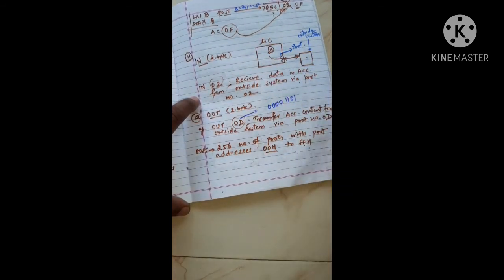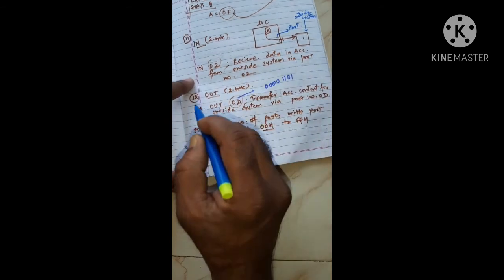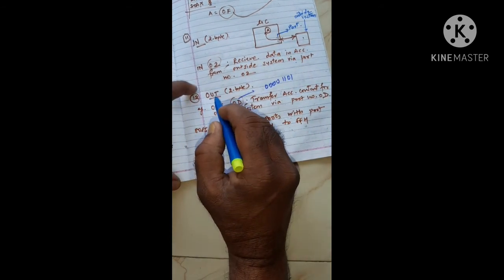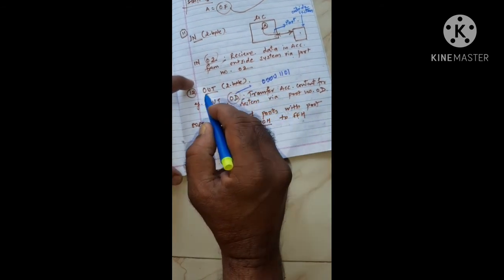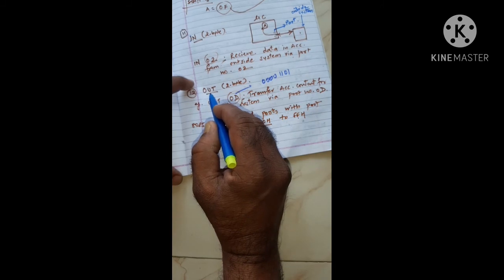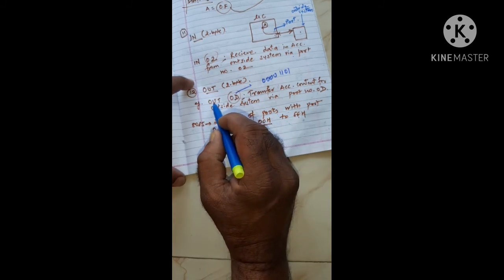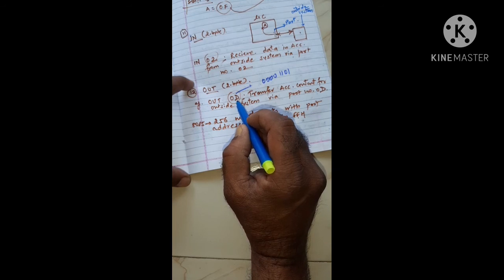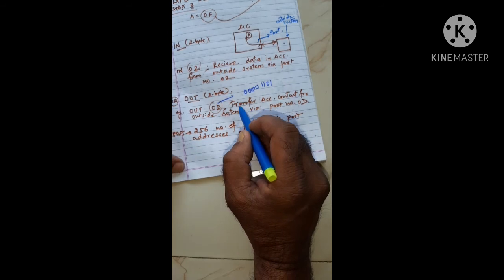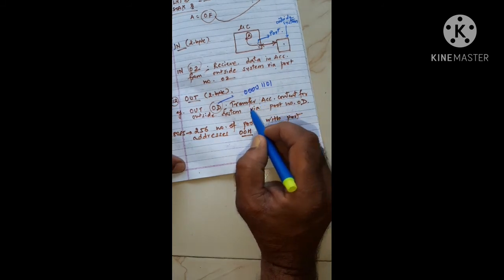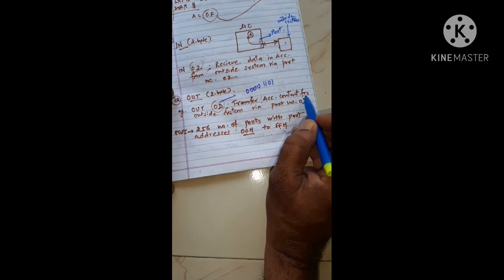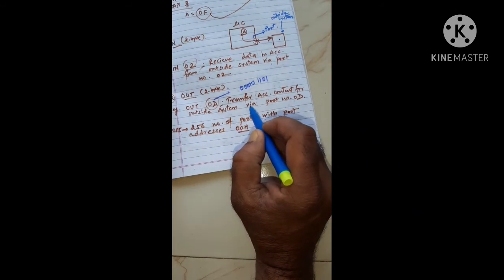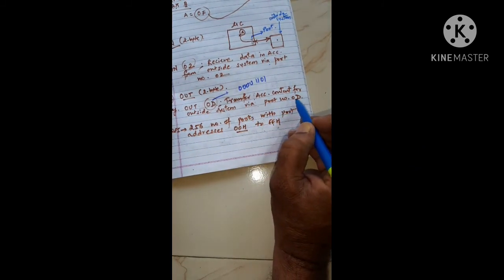Similarly, to send out data, the instruction is OUT, and that is a 2-byte instruction to send out data only from the accumulator to the outside system via a port. If I write OUT 0D, 0D is not a data byte, it is a port address. So the comment is transfer the accumulator content to the outside system via port number 0D.